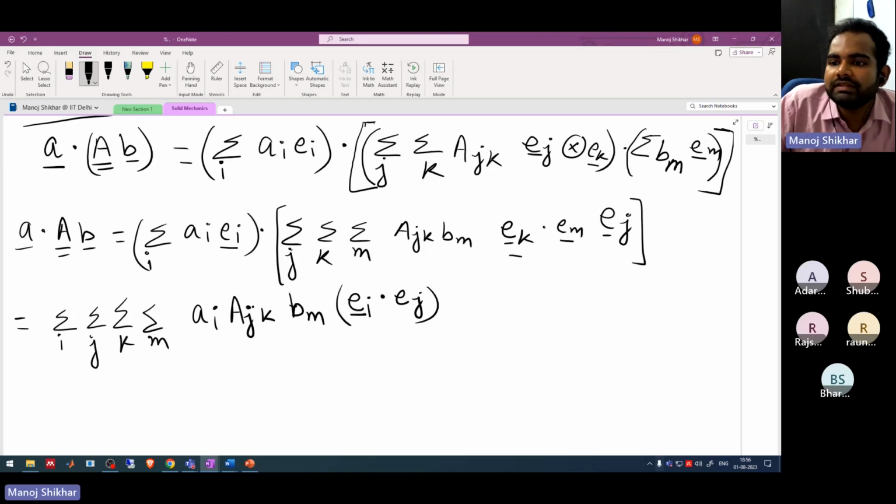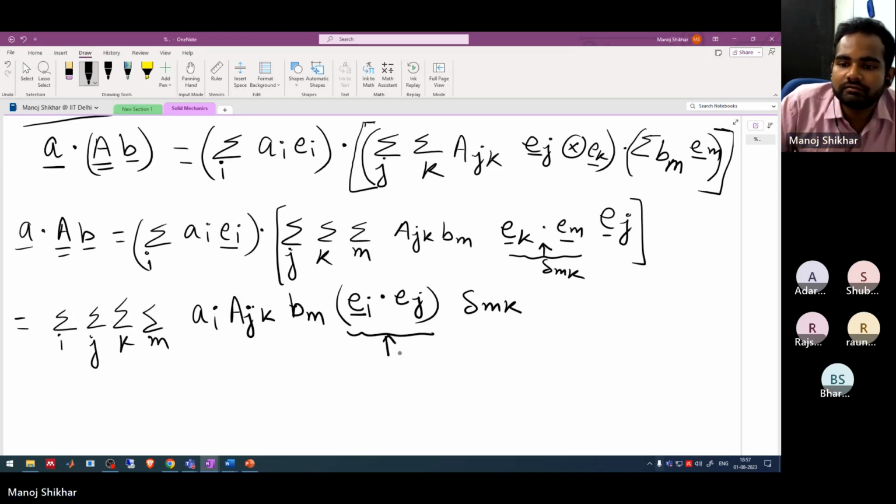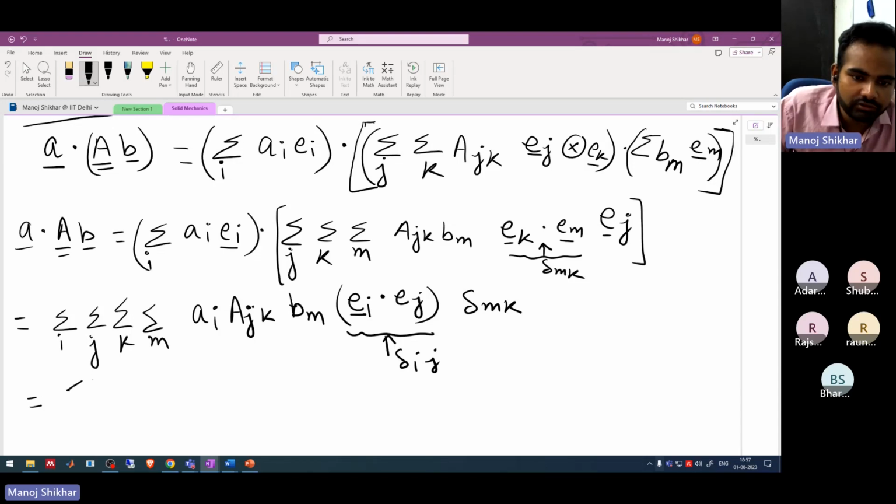And we can replace this e_k dot e_m by delta_mk, the Kronecker delta. And we can replace this by delta_ij. So i will be equal to j.